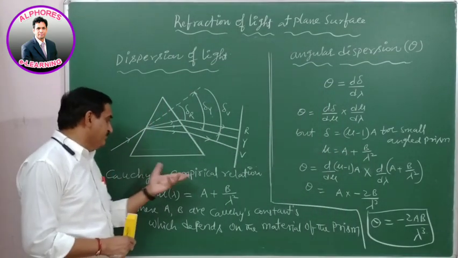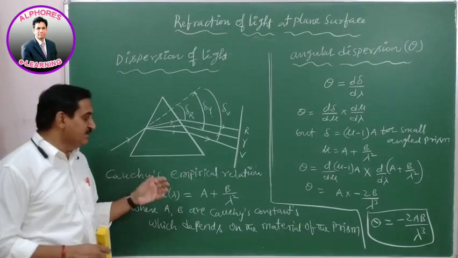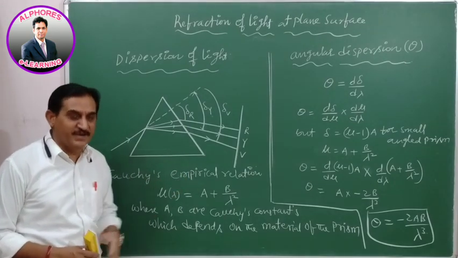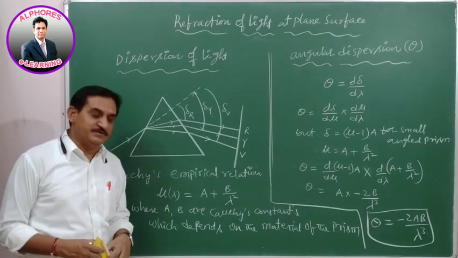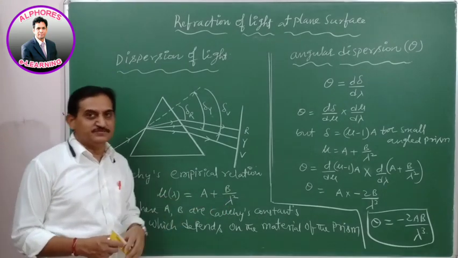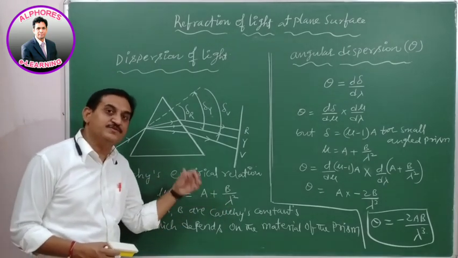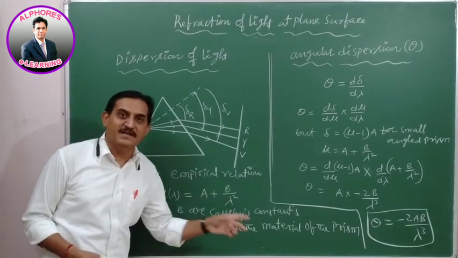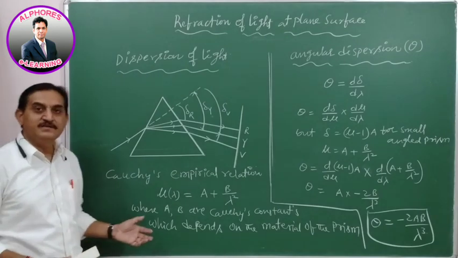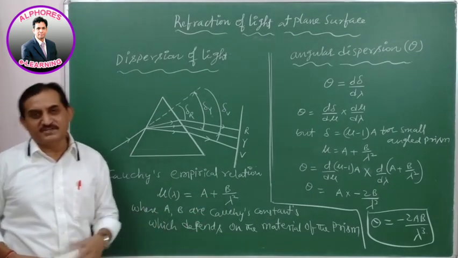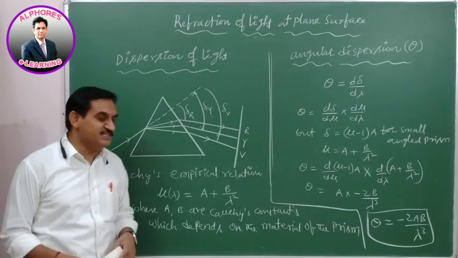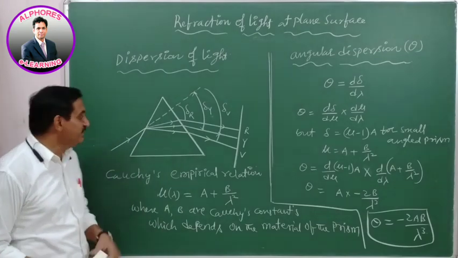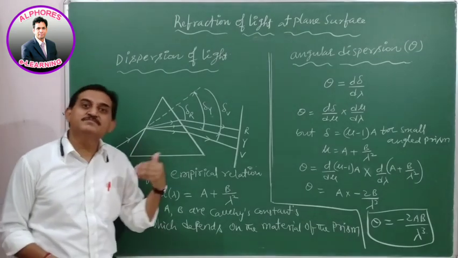Now Cauchy is a scientist who gave an approximate empirical formula. What kind of relation is there between refractive index and the wavelength of light of different colors? Mu is equal to A plus B by lambda square, where A and B are Cauchy's constants, but these constants depend on the nature of the material of the prism.